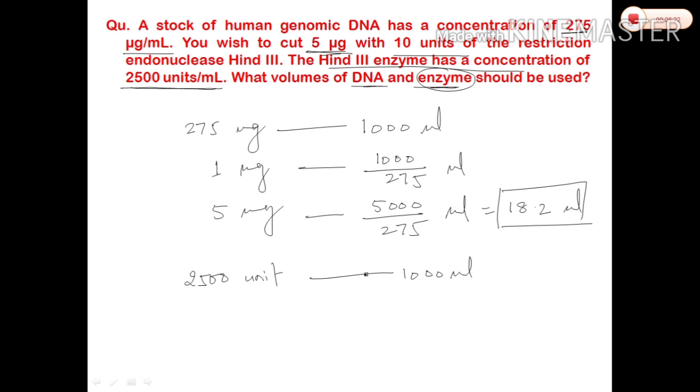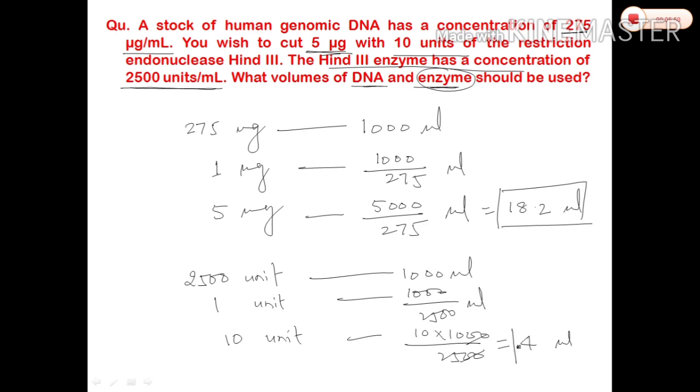So 1 unit is there in 1000 divided by 2500 microliter, and 10 units will be there in 10 into 1000 divided by 2500, which is 4 microliter.